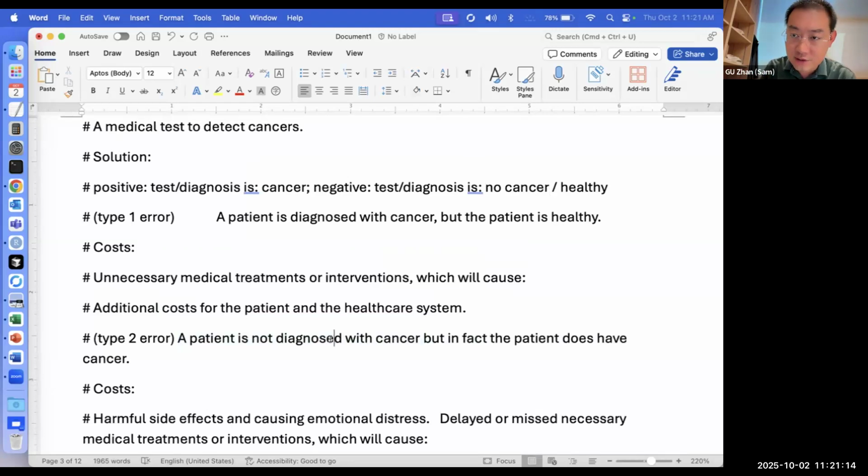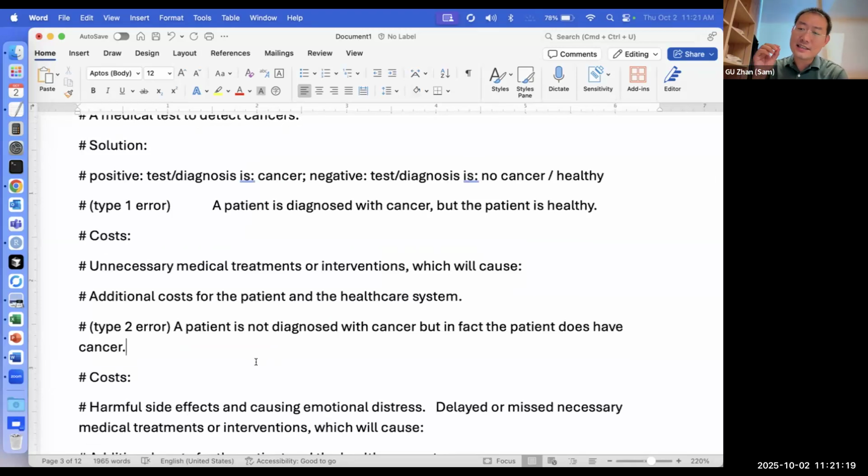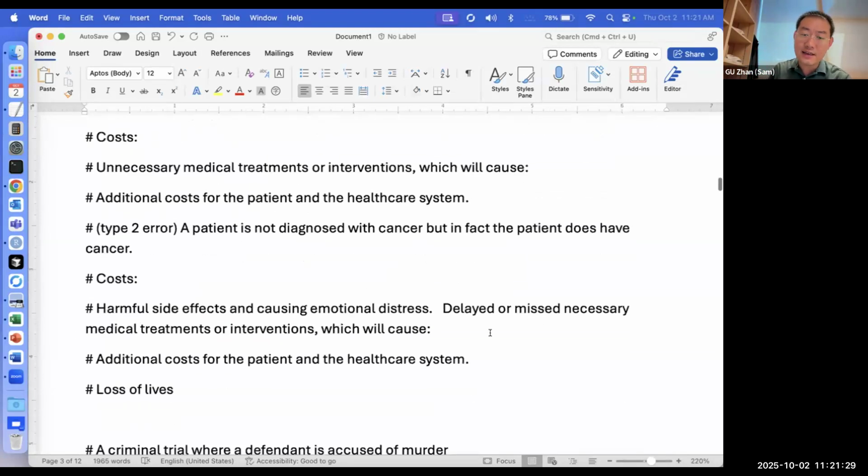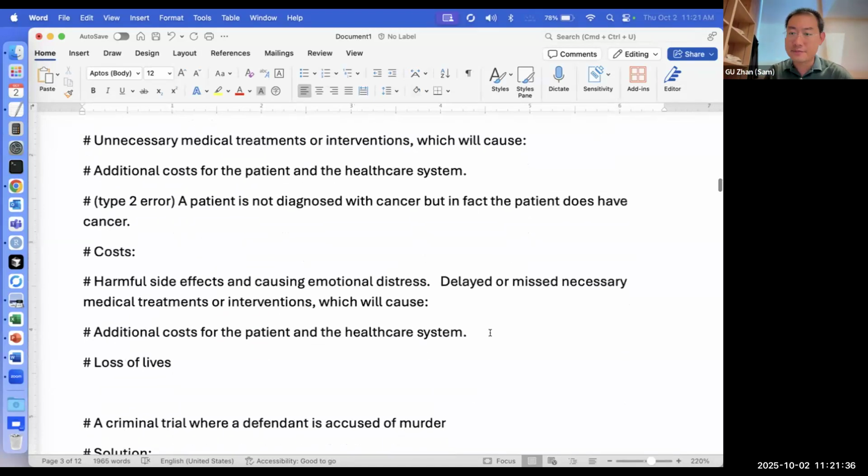That's why it's called a false negative, or missed case. The patient has cancer cells in their body, but the blood test shows no indicator. This is called a type 2 error. Then what is the cost? Harmful side effects, emotional distress, delayed treatment and so on, even loss of lives. Okay, we're fine with the first one.